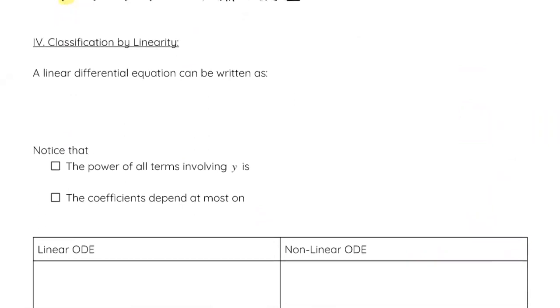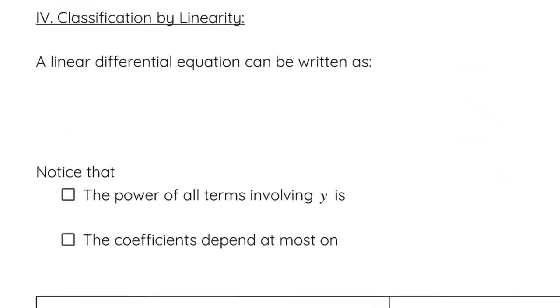A linear differential equation can be written in the following form. I'll go ahead and write this out, and we'll talk about what each thing means. We start typically with some function of x, and then we have a corresponding derivative to that same term.